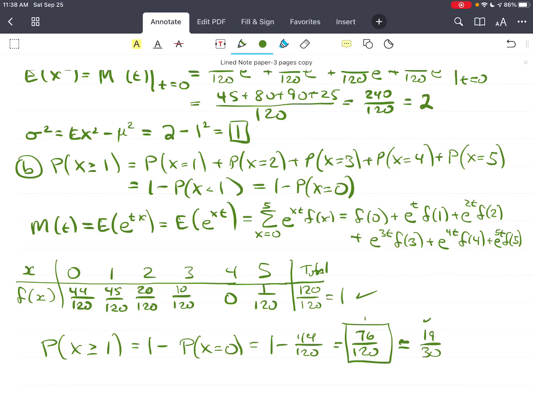And I'll accept either of these or any other fraction that is exactly the same. The decimal that I won't accept is 0.633. Okay, and it repeats, of course. But to 3 decimal places, 0.633. All right.